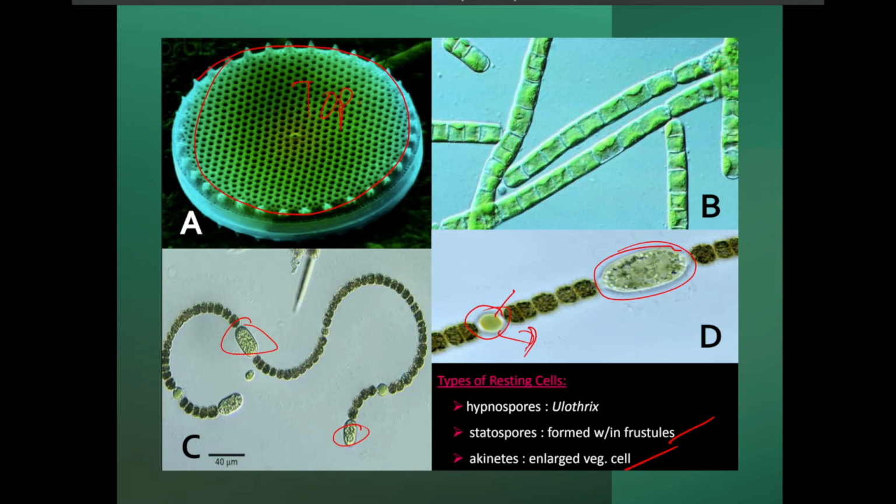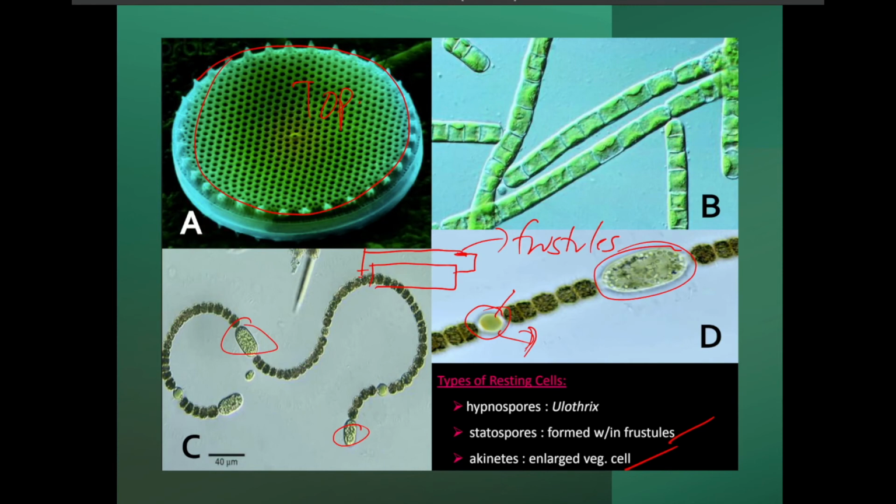But when you look at it from a side view, it looks something like this, like a petri dish. So this is what we call the frustules, the case-like structure of your diatom.